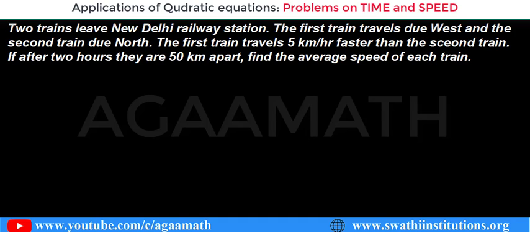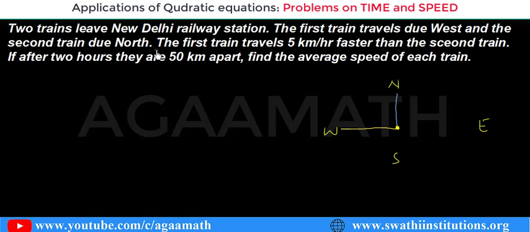So here let us see how to find the speed of each train. Here I come with an explanation. Let's take that this is east and the west, north and the south, right? The station is here, so the first train travels due west, meaning it is traveling in this direction, and the second train travels due north, so think that this is the second train towards due north.